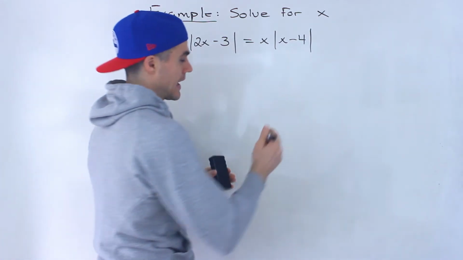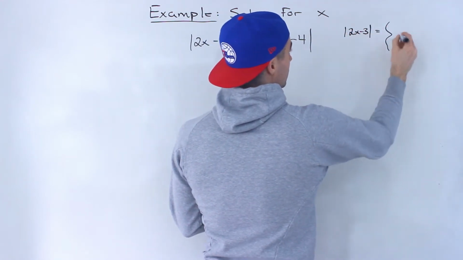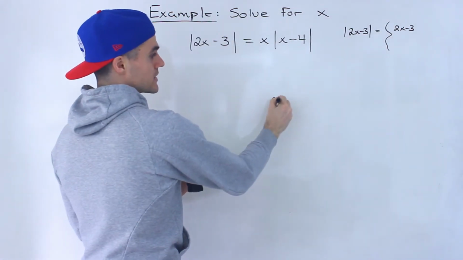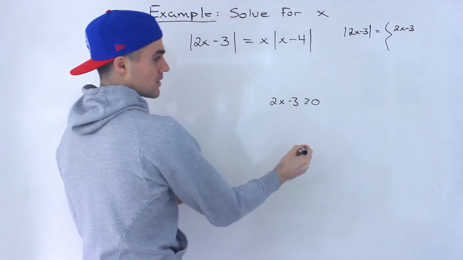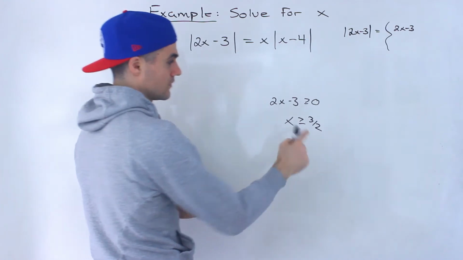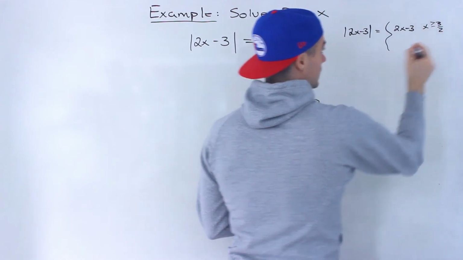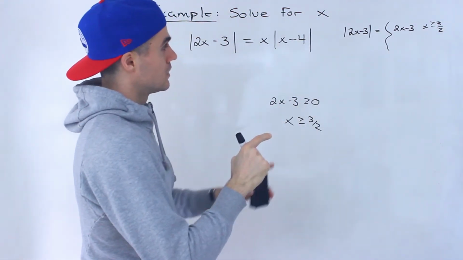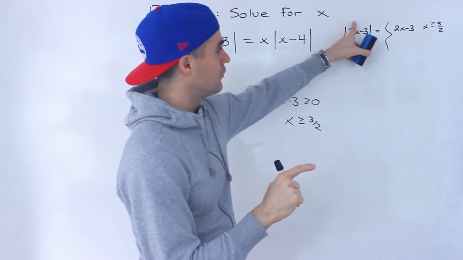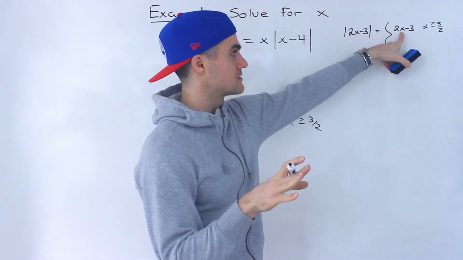So this absolute value of 2x minus 3, we can rewrite as positive 2x minus 3 as long as 2x minus 3 is greater than or equal to 0, which means when x is greater than or equal to 3 over 2. If x is greater than or equal to 3 over 2, this will be positive or 0, and if it's positive, we just leave it as is.